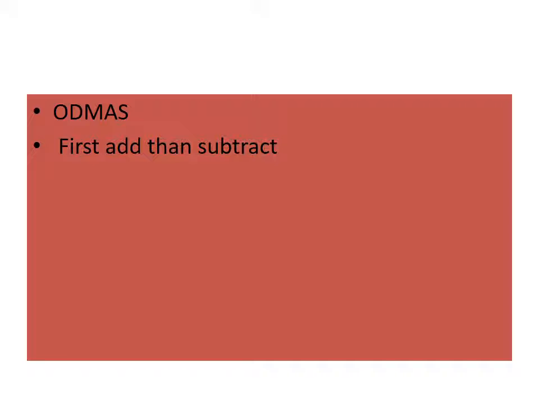Students, when we have to solve the sums based on mixed addition and subtraction, we have to follow the ODMAS rule. Children, do you know what is the ODMAS rule? ODMAS rule has 5 symbols.